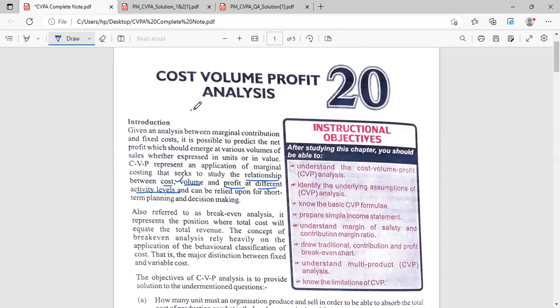So if you have done your math and you know that you want to produce 100 units of a particular product, and you are going to spend 5,000 naira to produce it. So if you say 5,000 naira is your total cost of producing 100 units, with CVPA, you should be able to know how much profit you will get from producing 100 units of this product at 5,000 naira.